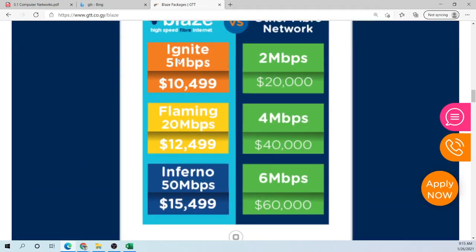If you look at when we were looking at the data speed last week, we looked at what is Mbps, and you notice at the end here you have this S. It is megabits per second. So 20 megabits every second can be sent across this connection. 50 megabits per second, every second 50 megabits can be sent across this line.